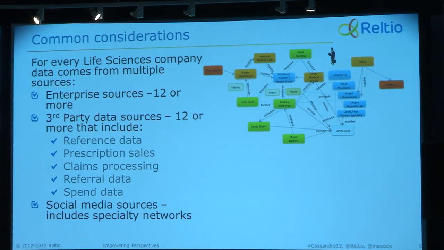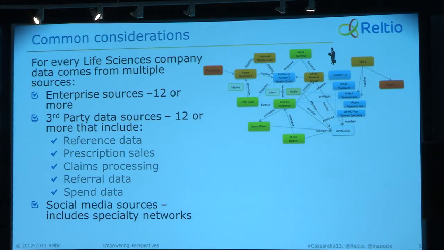At the same time, the third aspect around this is how most of the pharmaceutical companies are starting to leverage and use the social media type of sources. In some cases, they're leveraging their own internal networks that they're setting up for patient engagement and learning more about disease states.